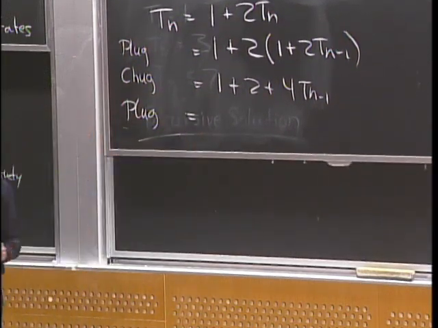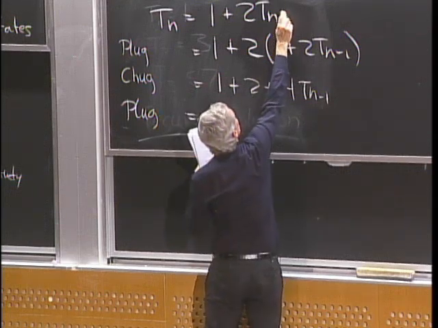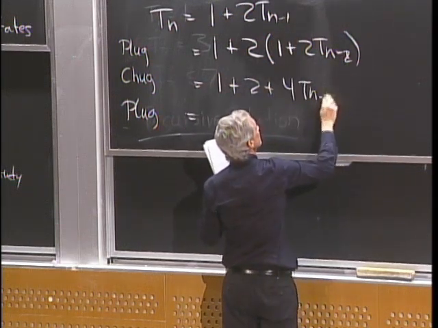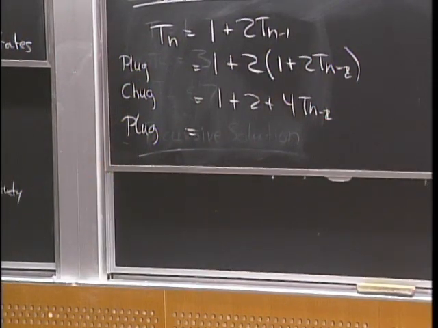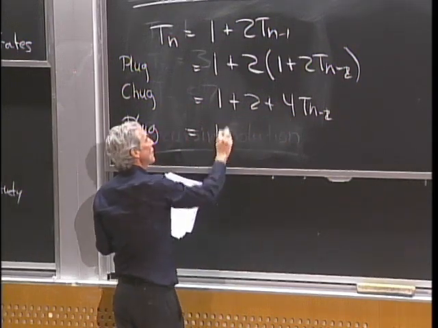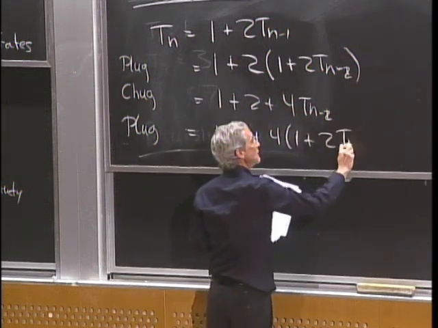What's that? You're right. I got to get minus 1 here and minus 2 here. That is correct. Very good. I would have run into trouble. That's good. All right, now I plug in here. 1 plus 2 plus 4 times (1 plus 2T(n-3)).